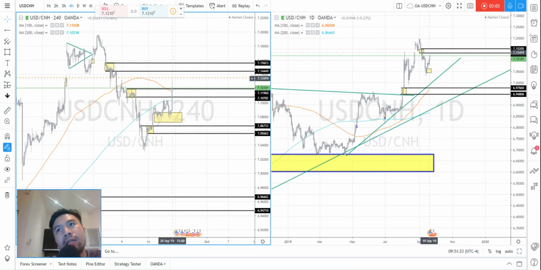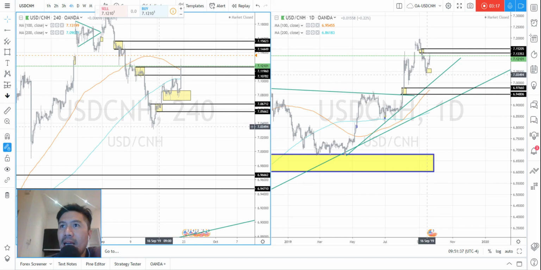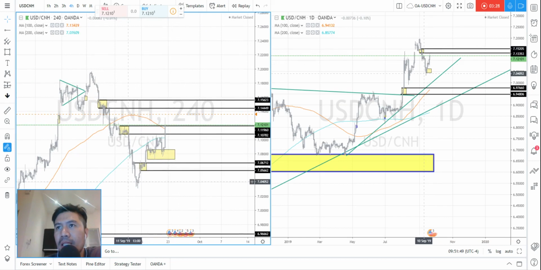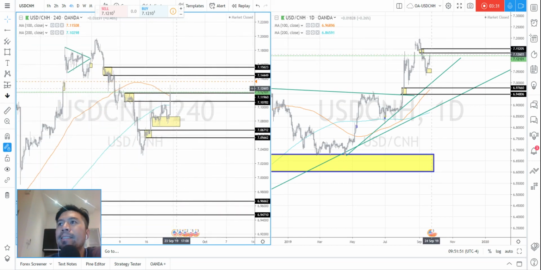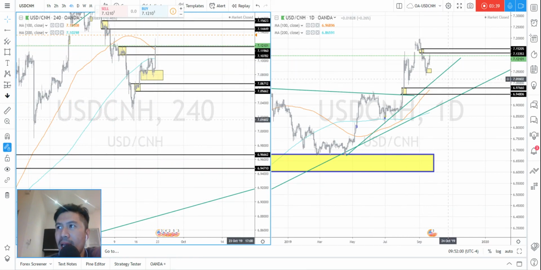but for our short term, or let's say swing trade, based on our 4-hour chart, as we can see here, the price somehow slowed down and is beginning to do a retracement back, but we are not sure yet if this is the point wherein the price will go straight uptrend again, or this might be only a little sideways move, or maybe it will retrace again to this trend line right here on the daily.